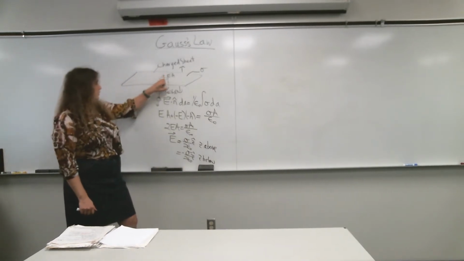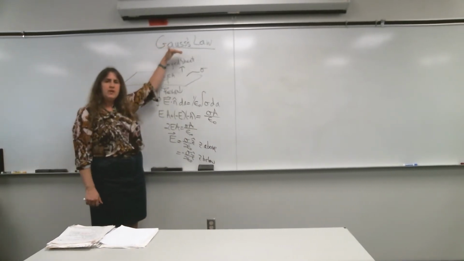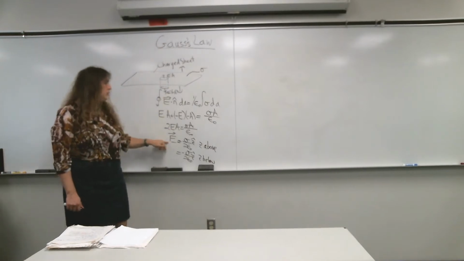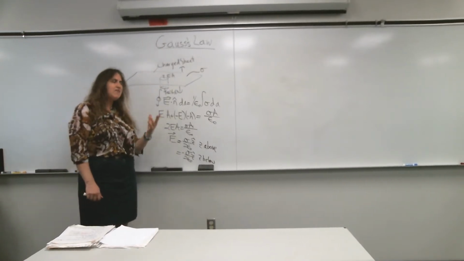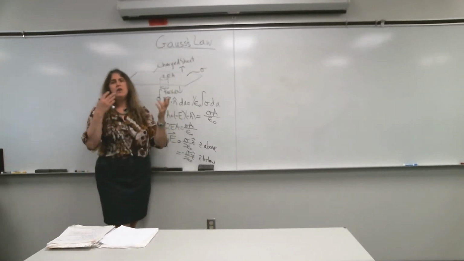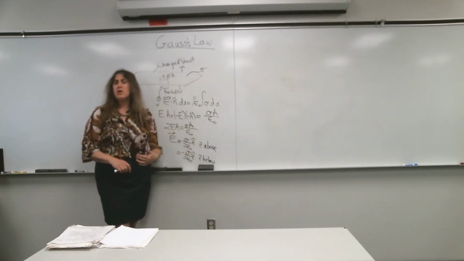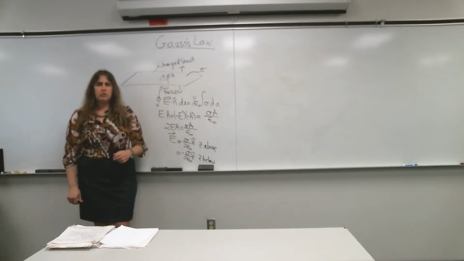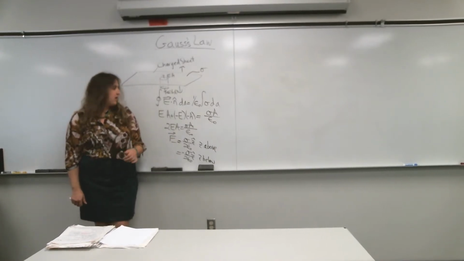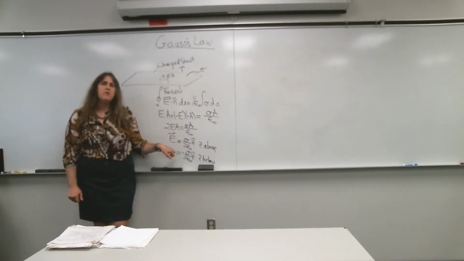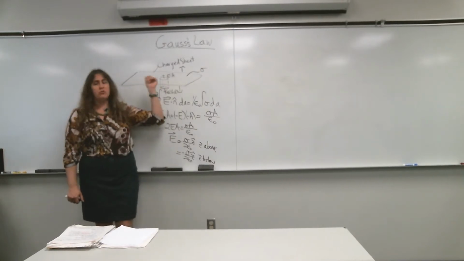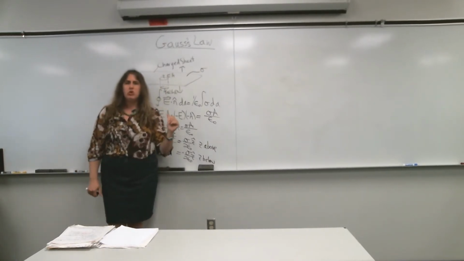So whether I drew my pillbox like this or I drew the top of it way up here, I wind up with the same value. And how can that possibly make sense? After all, the electric field goes as 1 over r squared. As you get further and further away from a charge, you would expect your electric field to get smaller and smaller. But that's not what we're showing here, and the reason is that we're assuming this charge sheet is very, very large.